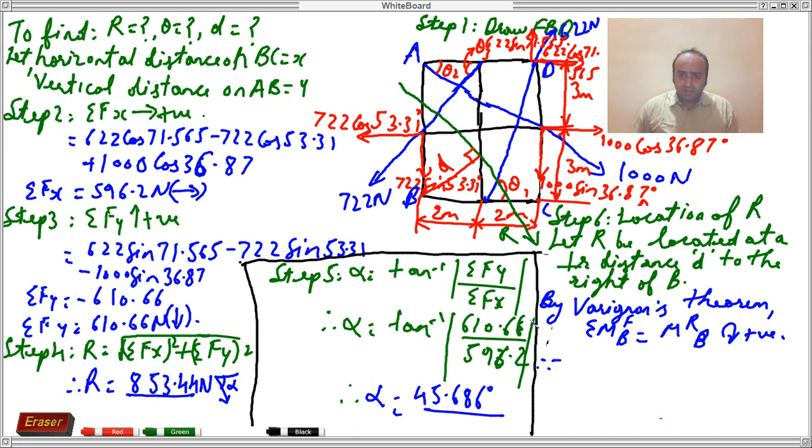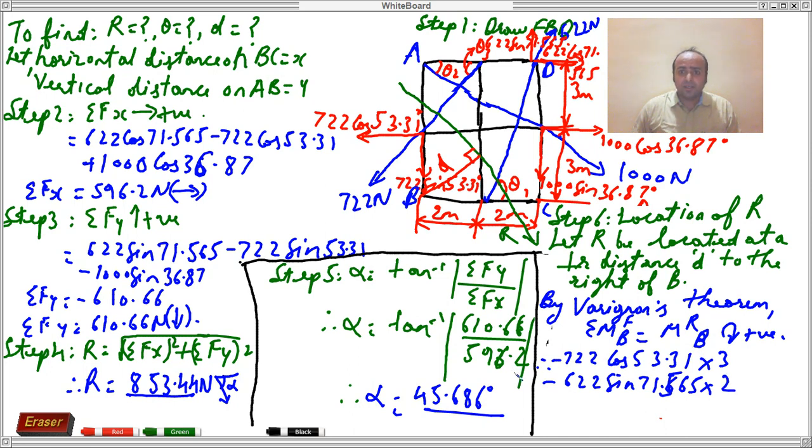So minus 722 cos of 53.31 into 3. Again for this particular force, minus 622 sine of 71.565 into 2.